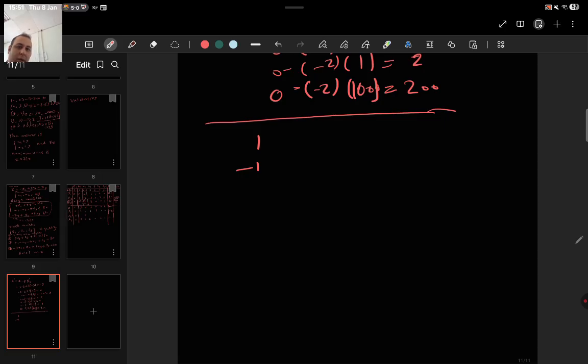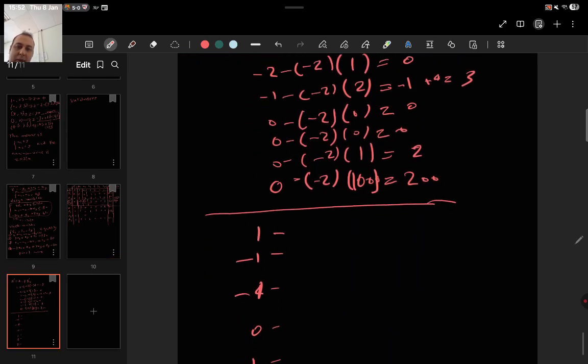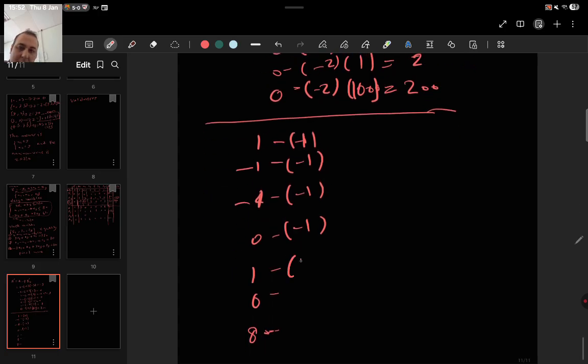So the row is 1, minus 1, minus 4, 0, 1, 0, 80. What is our pivot value for this row? In the pivot column, it is minus 1. Okay, for all of them, minus 1, minus 1, minus 1, minus 1.